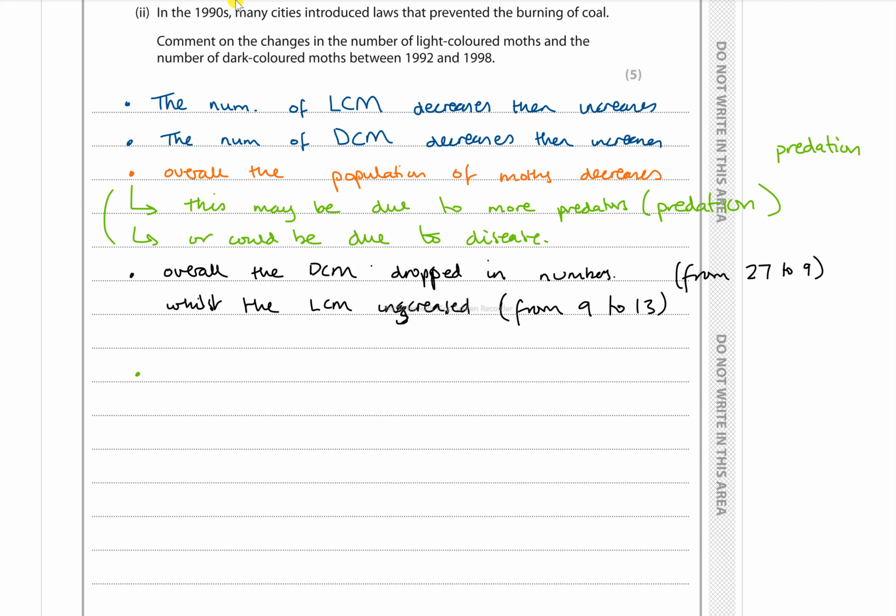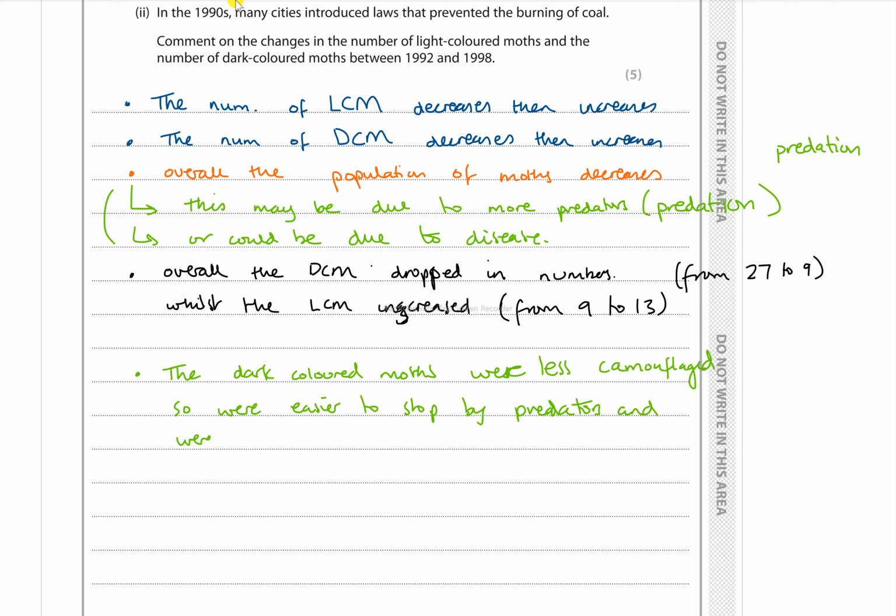The dark colored moths were less camouflaged, so they were easier to spot by predators and were killed or eaten.